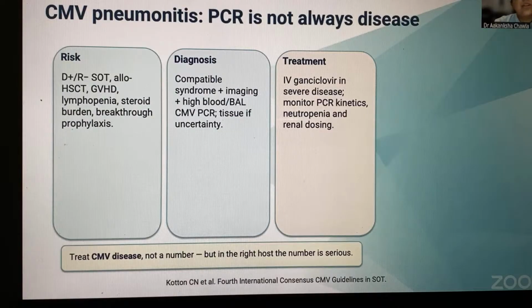Diagnosis is obviously based on a compatible syndrome and imaging, and you send your blood and BAL CMV PCR. Tissue very rarely, but in certain cases you may need it when the diagnosis is uncertain, and you start IV ganciclovir early in the severe disease.